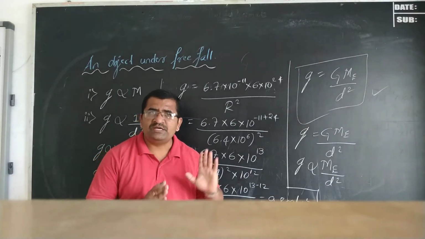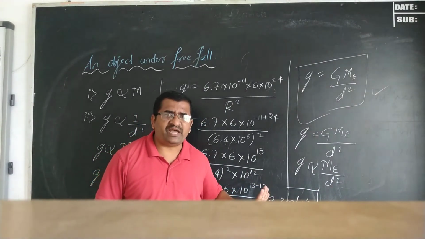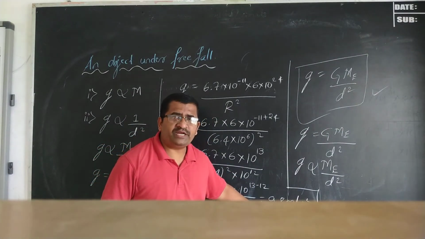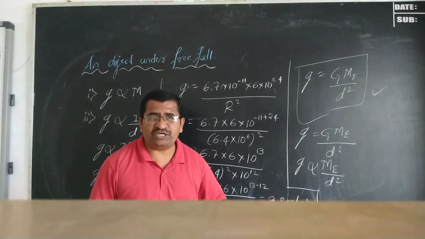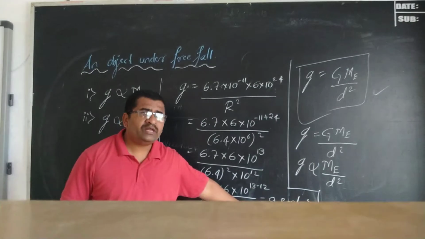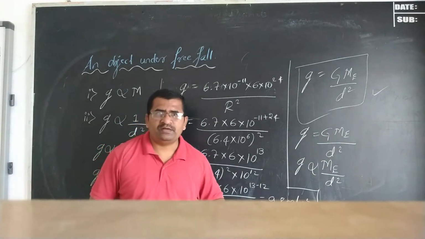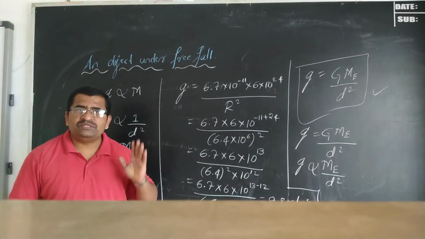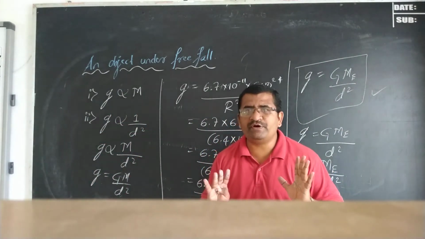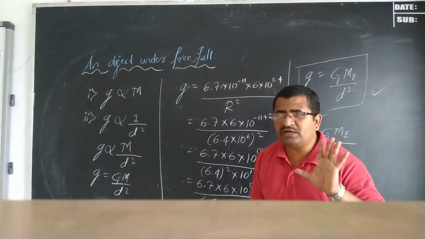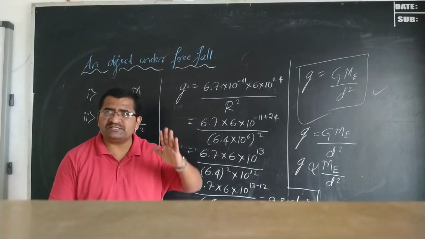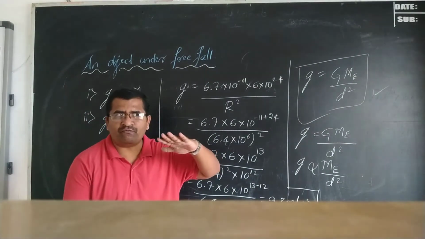One more thing: this value may change. In physics, it is said that the value of small g, 9.8 meters per second squared, is subject to change. It may vary from 9.0 to 10.0 meters per second squared depending upon the places or regions. This is because of the geographical nature of our earth. The shape of the earth is not exactly circular.